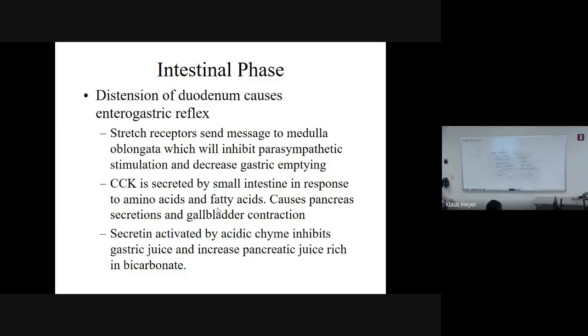So it's asking for help. The small intestine is telling the brain, hey, ask the pancreas and the gallbladder to help me out here. I've got all this liquid cookie in me, and you got it with a bunch of frosting.